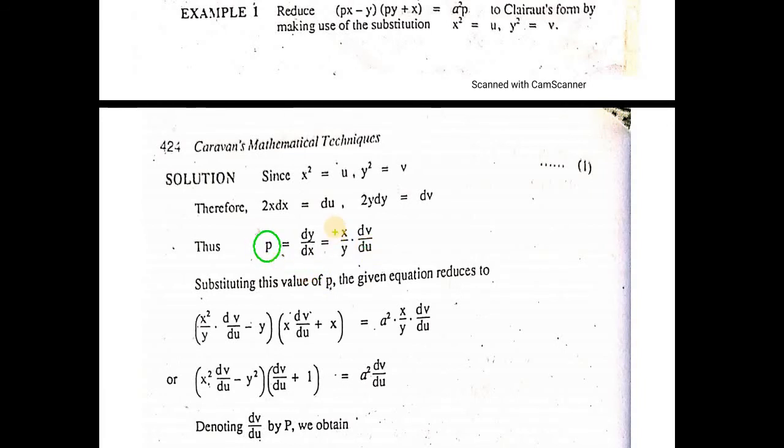p will be replaced by this value. Substituting this value of p in the given equation, here we have p, here we have p, similarly here is another p, and here is another p. We have to put this value of p into the differential equation.